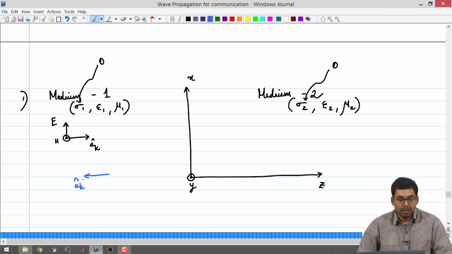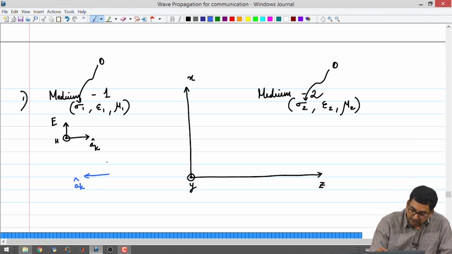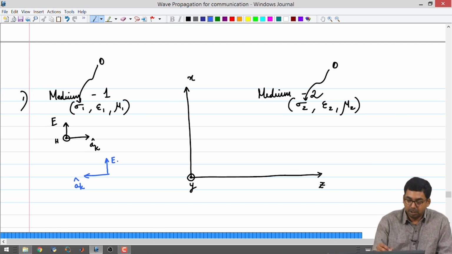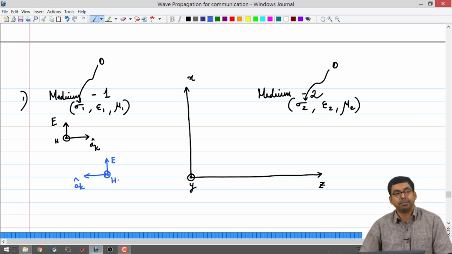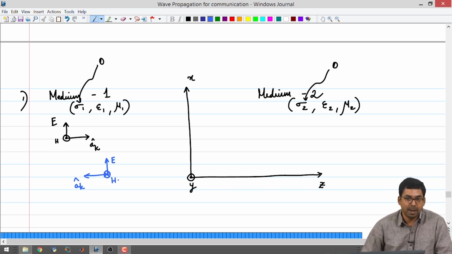Okay. So, if you assume that the electric field is unchanged, right, then you will have to flip your magnetic field, okay, which is the only way it will form a right handed triad. Right.